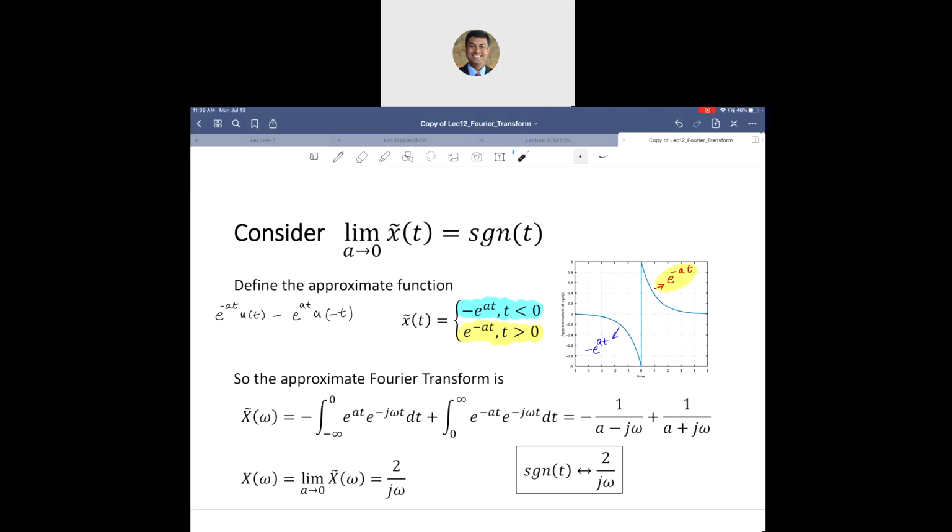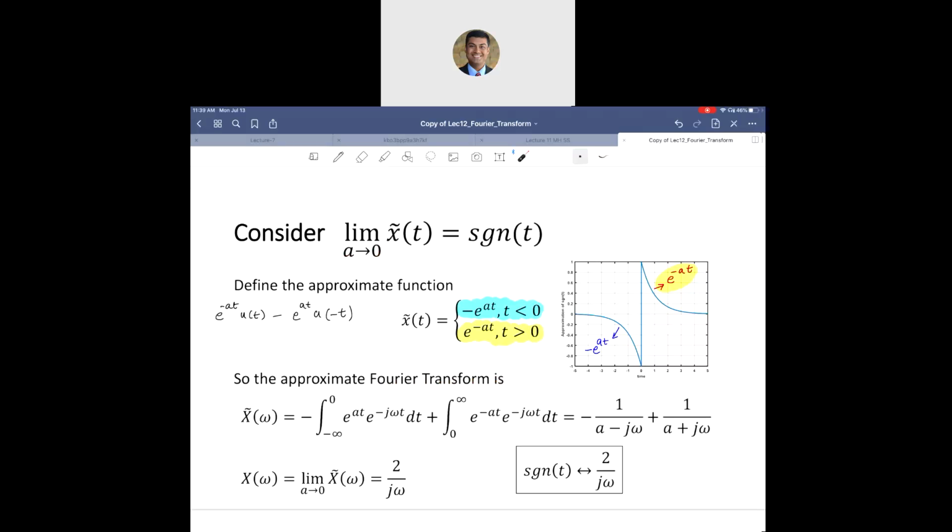So we are trying to find the sine function, but we are trying to use an exponential here. And then once you evaluate the limit a tending to 0, this decaying exponential will become a step there, and this exponential will become a step there.